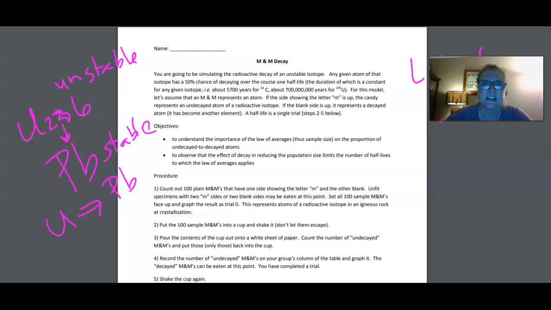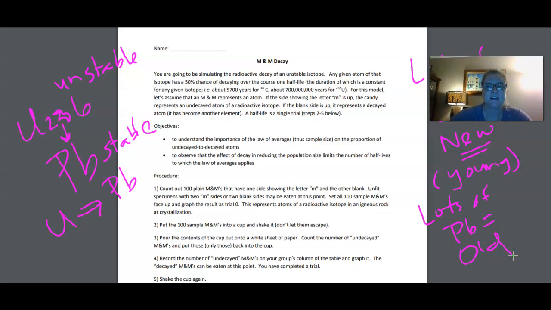It means it is a new rock or young. And if it has lots of lead, it is an old rock, because the less uranium you have, that means the more of it has broken down and become lead. So if you have a little bit of uranium and a lot of lead, you're looking at an old rock.